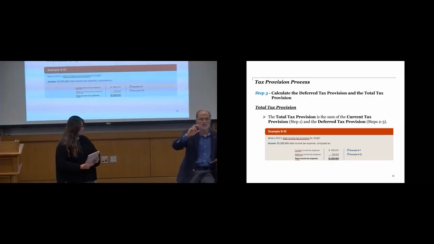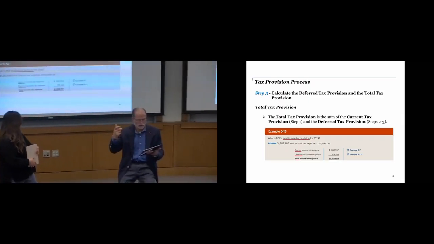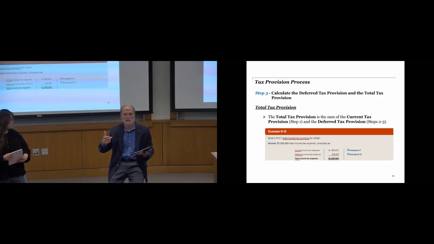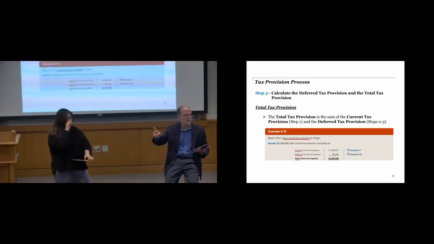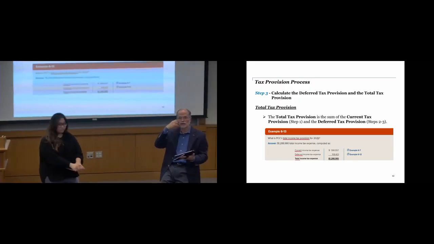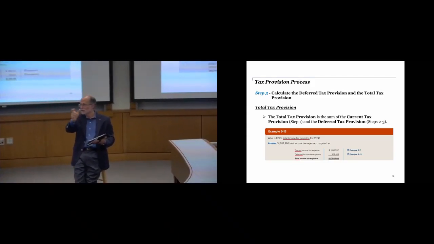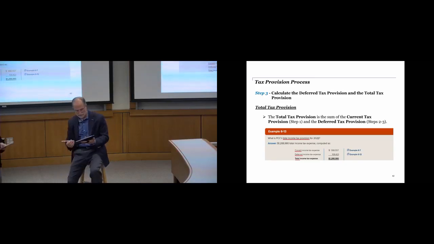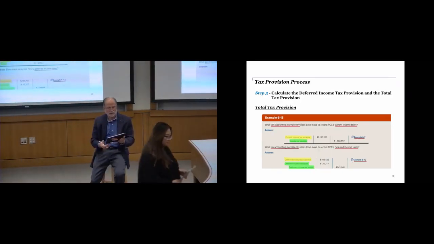But it's the sum of those two, which is my total income tax expense. So I will show on my income statement my current expense and my deferred expense items on there. That'll tell the reader of the financial statement what is my current year item and what is my future year item. Okay. And then our last example, 615.